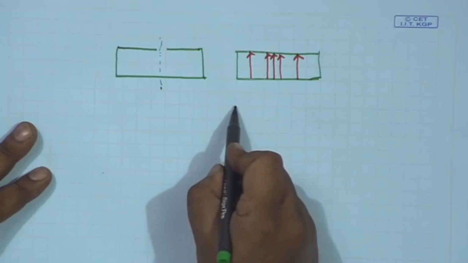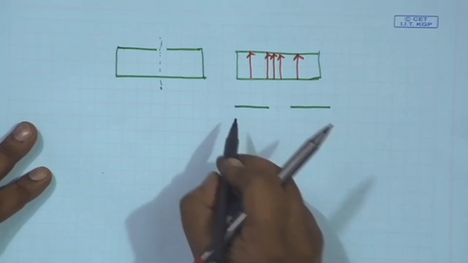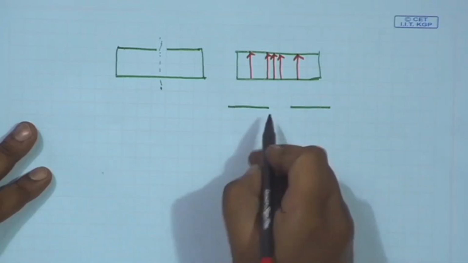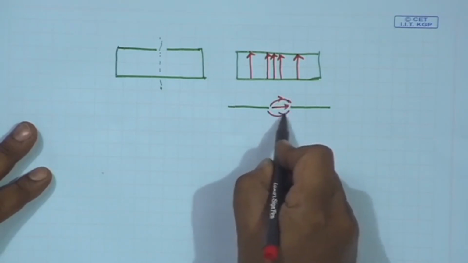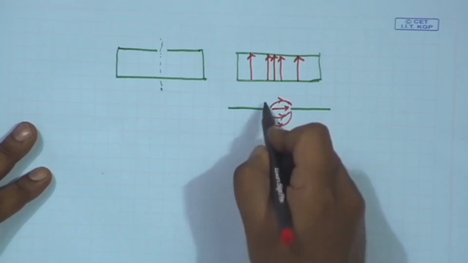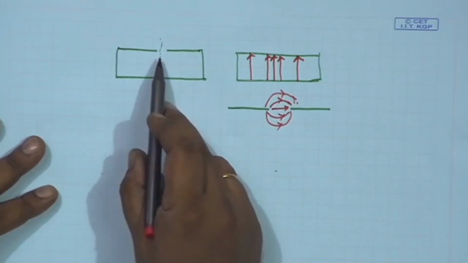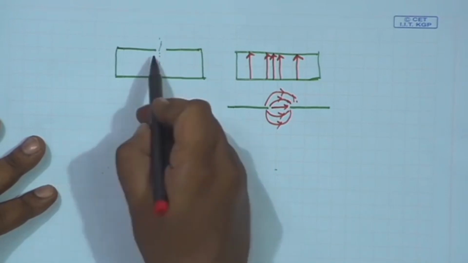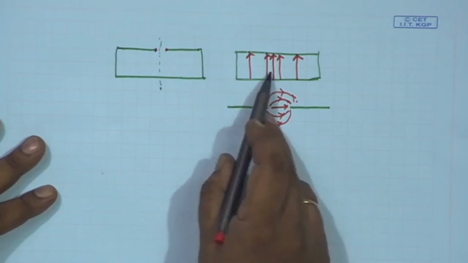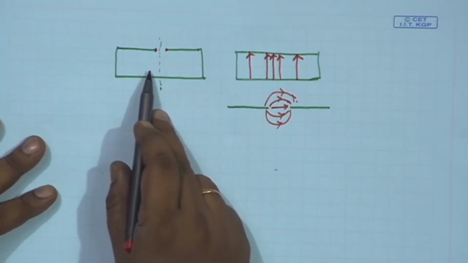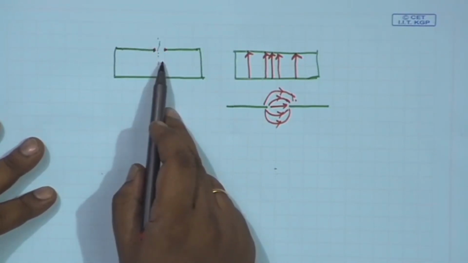Now, if I draw a slot here, maybe on an infinite ground plane, I am showing the cross sectional view, then for a slot we know the electric field configuration in odd mode excitation is like this, and it radiates from this odd mode perpendicular field component. So, if I place a slot on the mid plane, you see the potential difference between these 2 points is simply 0. So, this field can't excite the slot. In other words, the impedance seen by the slot is infinite.